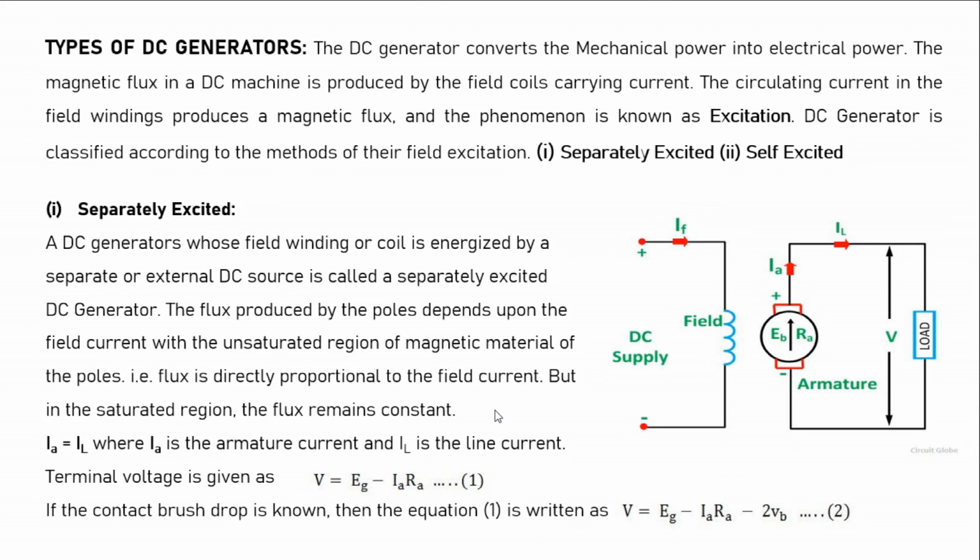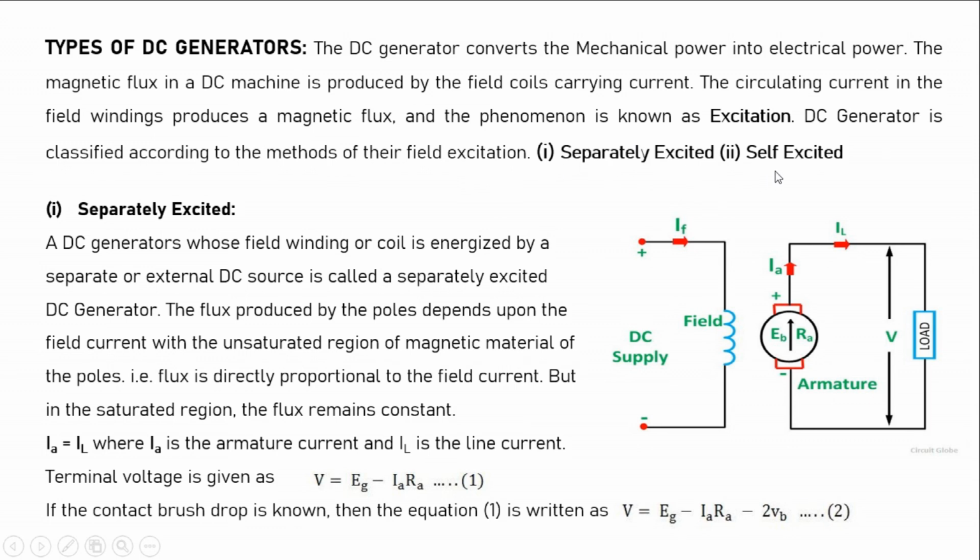So we can tell these exciting windings or field windings are responsible for the production of flux, or exciting the poles. The circulating current in the field windings produces a magnetic flux, and this phenomenon is called excitation.